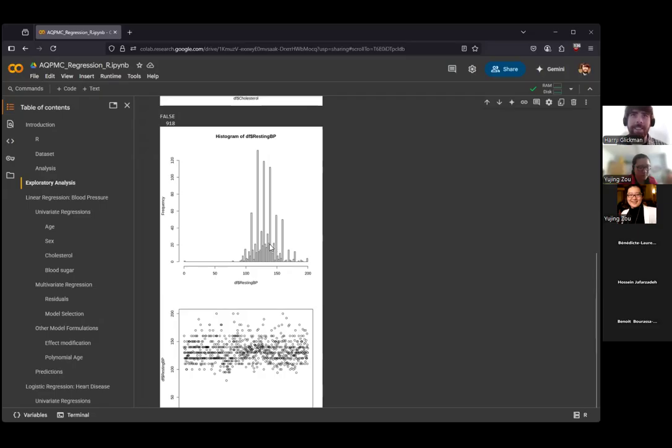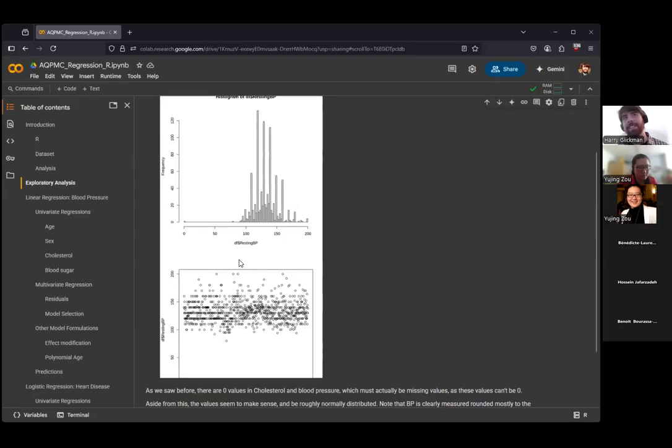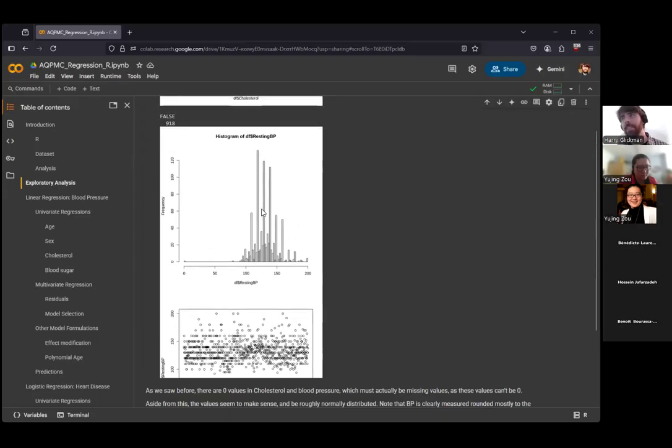So this is just a real life thing: when a physician is taking blood pressure, if they're doing it manually, which must be what's going on here, they'll just write down some number that's rounded to the nearest 5 or 10. And you can see it in the plot here as well. So this is definitely suboptimal for our purposes, but it's the reality of the data. So we know that all these values are rounded from the values around them.